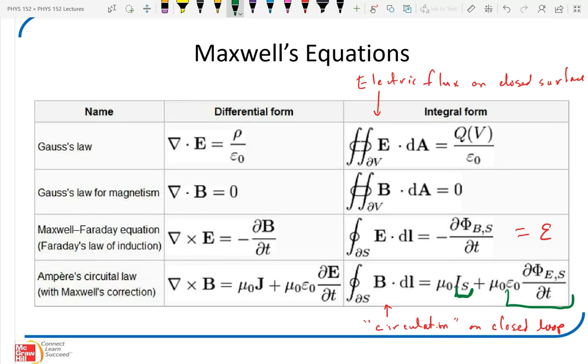So here are Maxwell's equations, written out in two forms. These are both calculus forms, you'll notice. These equations are calculus equations. They are equations that you can work with much better with the calculus knowledge than you can without. Now, if you're in the Physics 152 class, you might say, oh no, am I missing out on something?